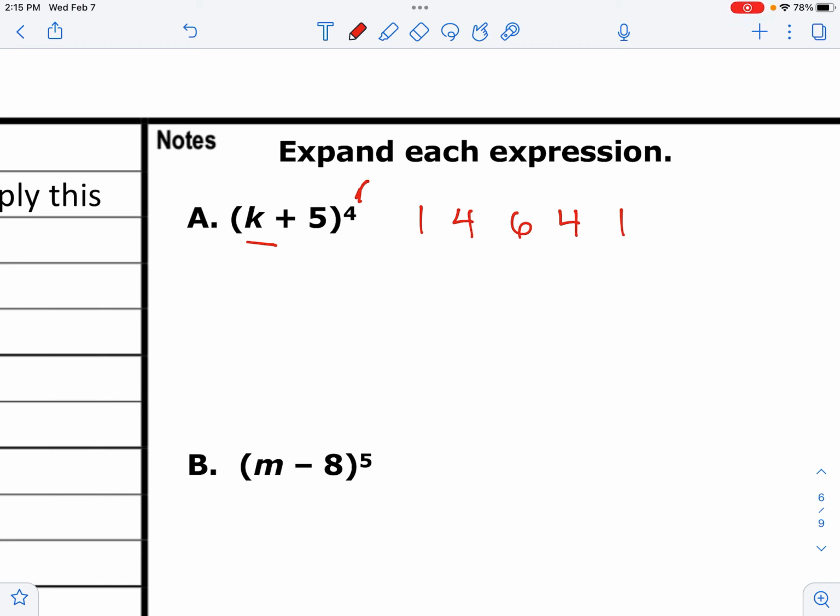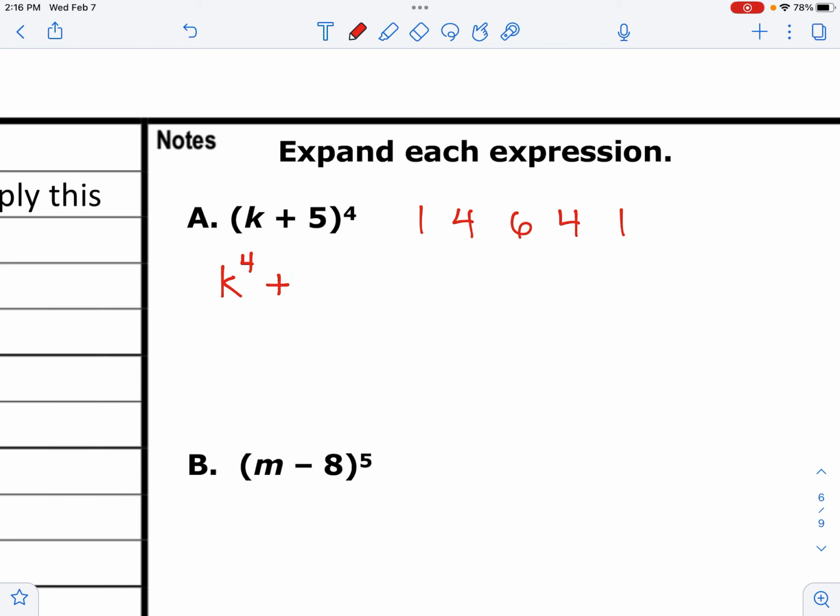And then the second term should start with nothing and work its way up. Okay, let's see if this makes sense. So we're going to do 1k to the 4th will be my first term. I'm not going to put the 1 in there in front, but you know that that's really a 1 here. So that's my first coefficient. Now 5 is not going to go here because it's 5 to the 0, which is not going to be written there.